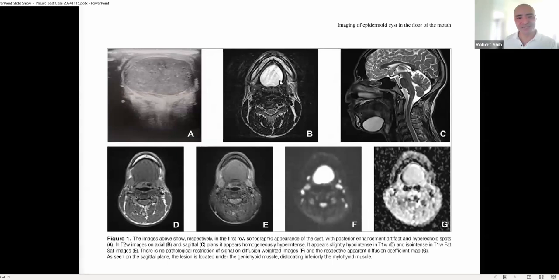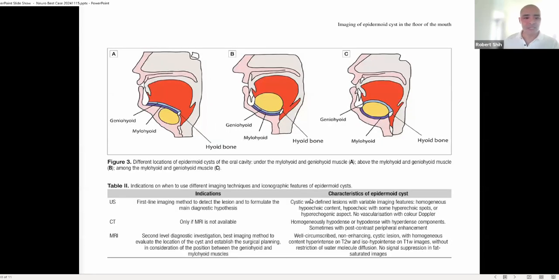The ultrasound looks similar. The MR images look similar. There are some differences. The case I submitted by this resident was more prognathous, was brighter on T1 and darker on ADC. And here's a chart showing various locations where you can see these floor of mouth epidermoid cysts.